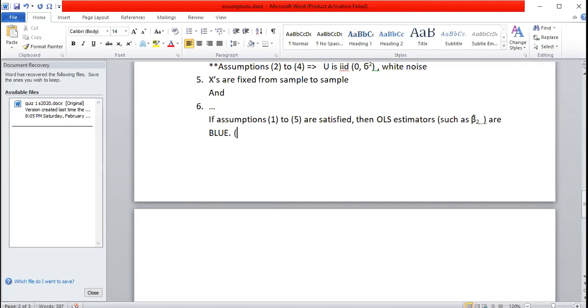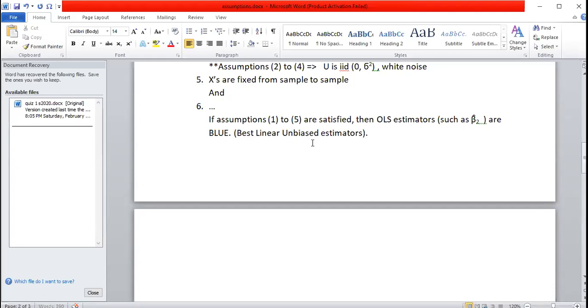Yeah. This is called best linear unbiased, the Gauss-Markov theorem. OLS estimators are the best linear unbiased estimators, and we'll explain in the next class what it means, best linear unbiased.